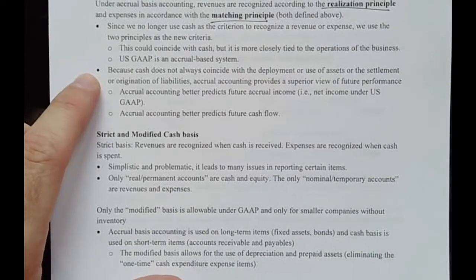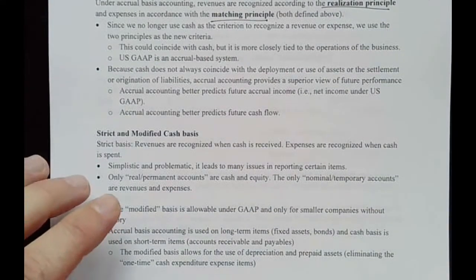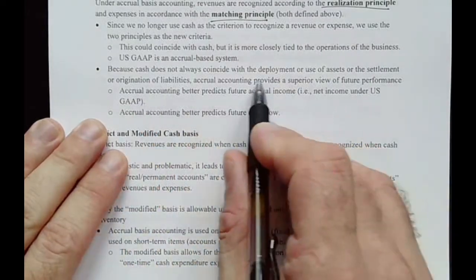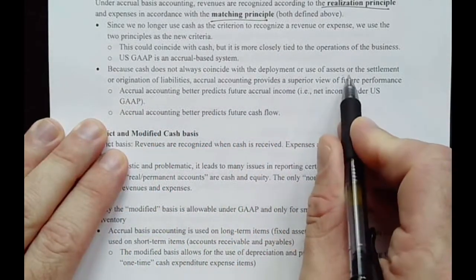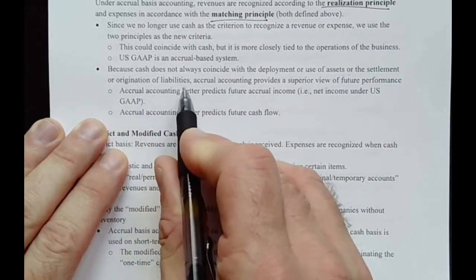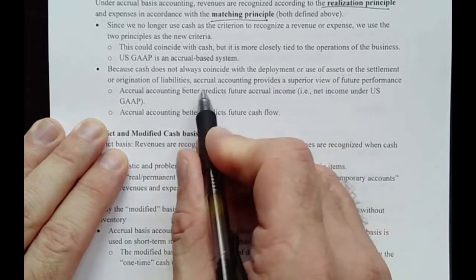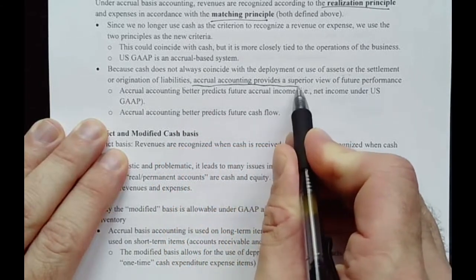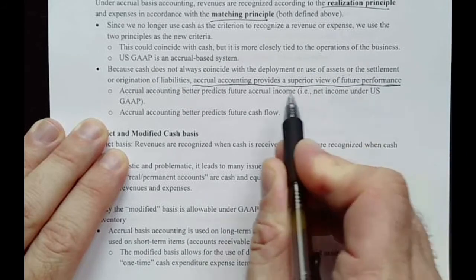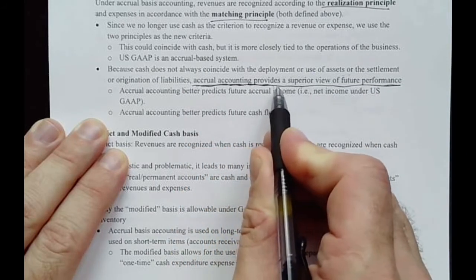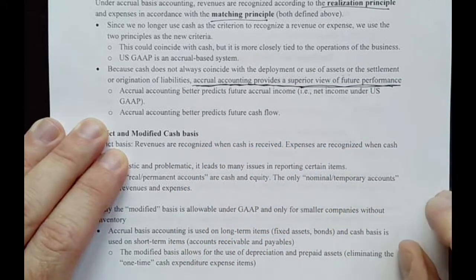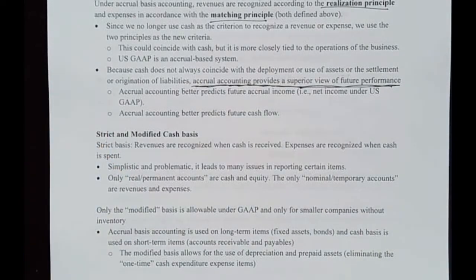One thing I also want to draw your attention to, because cash does not always coincide with the use of assets or the settlement or origination of liabilities, accrual accounting provides a superior view of future performance. And that is so important when we are hoping to help investors and creditors with their investing decisions.